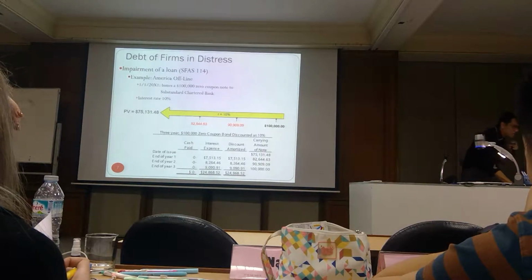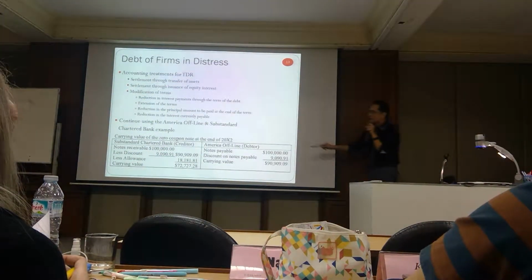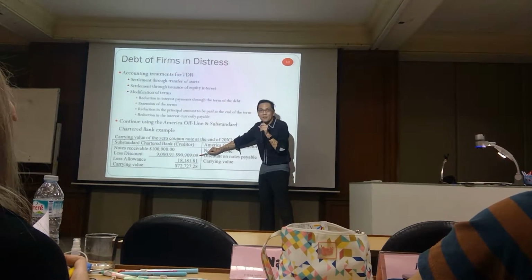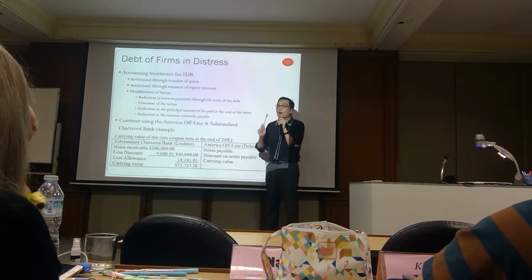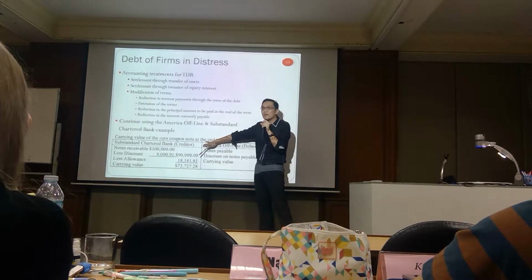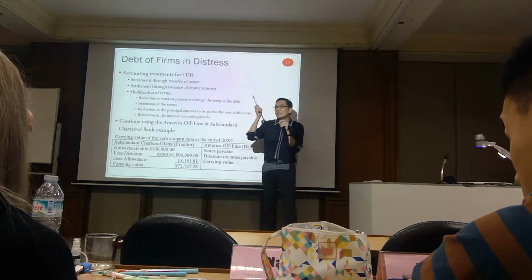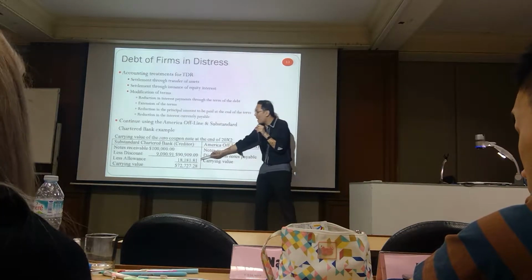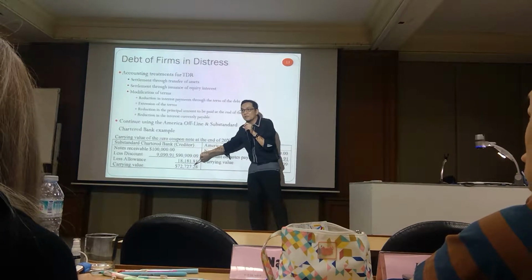Okay. So this is what you got at the end of year 2 on the financial statement in terms of creditor. And a couple minutes ago, you recorded an allowance of about 18.